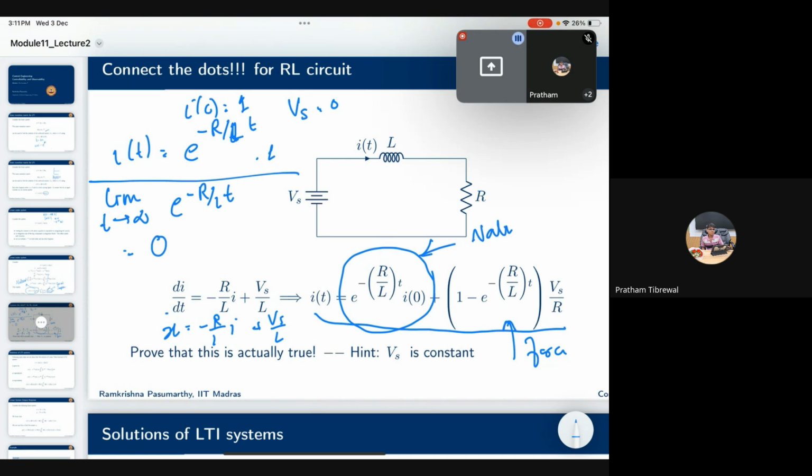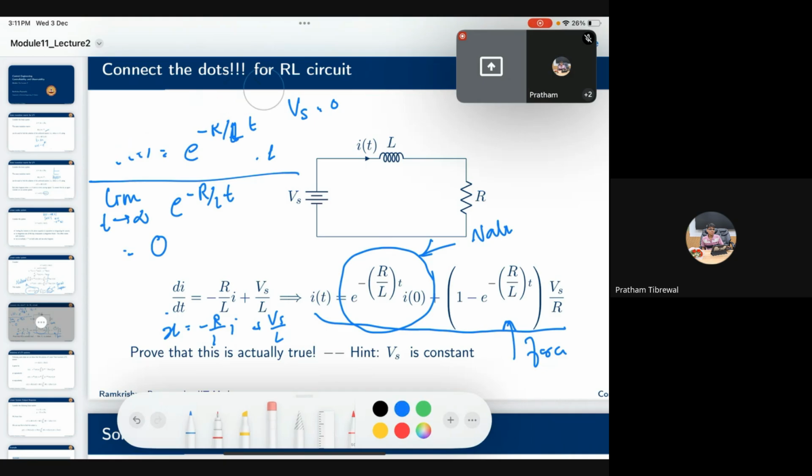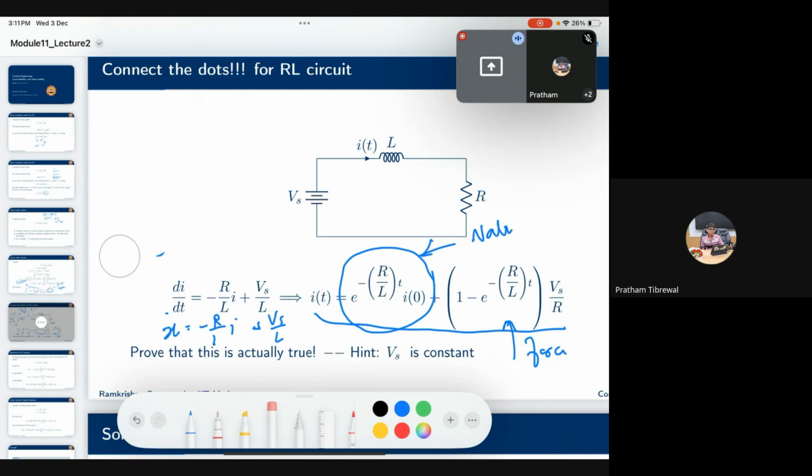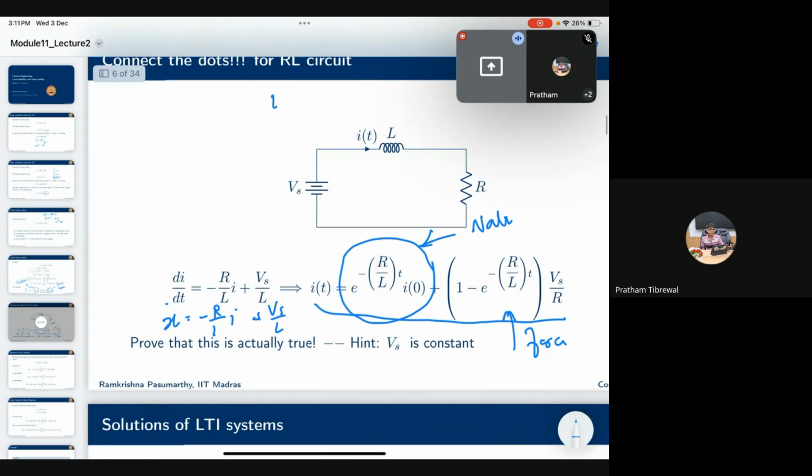Okay. Now assume another situation where the initial current is 0, and Vs equal to, say, 1 volt. Now I'm looking at my solution.